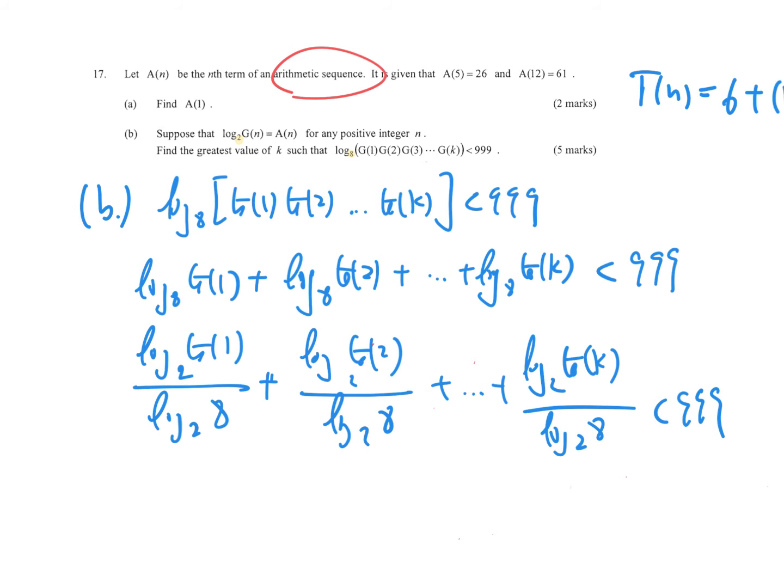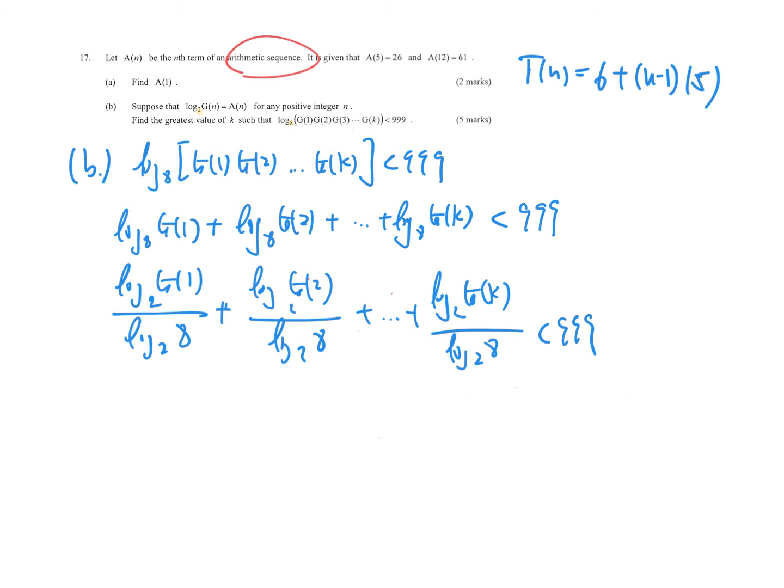If you use a calculator, log 8 base 2 is actually equal to 3. So we would like to move log 8 base 2 to the opposite side.